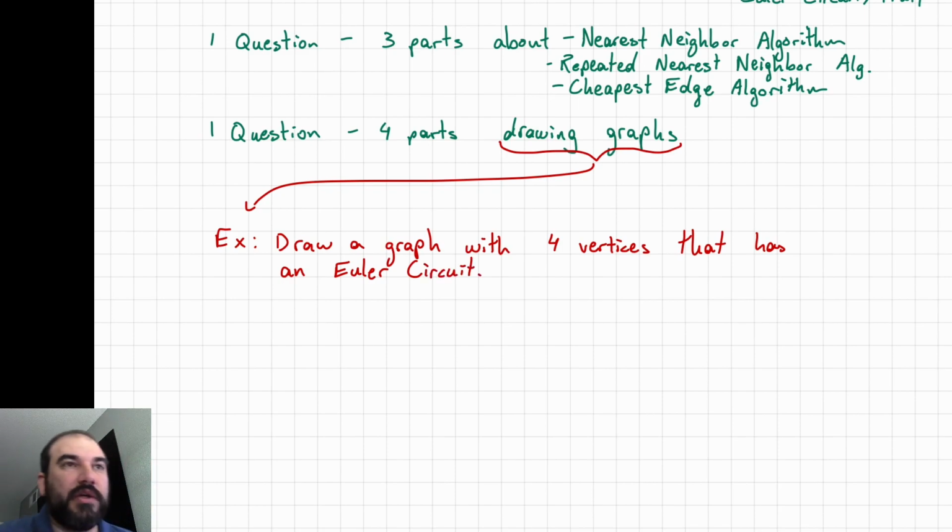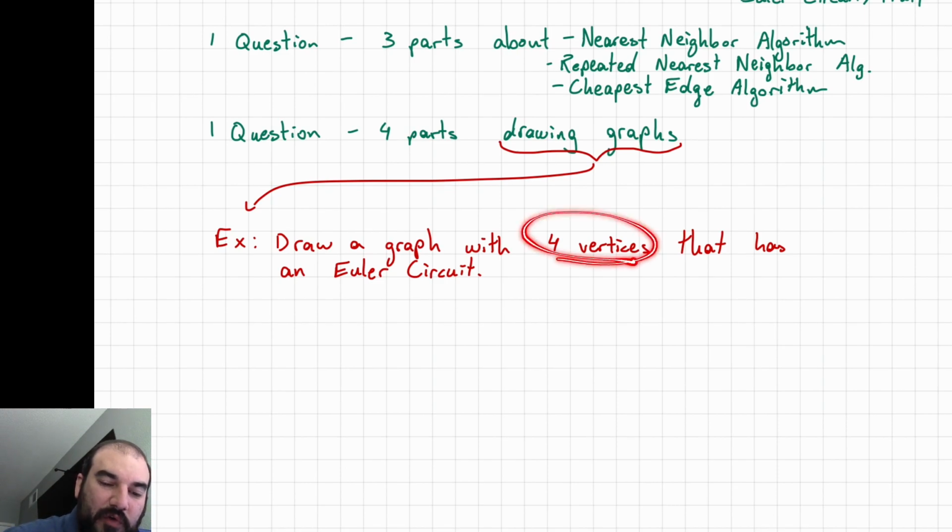So kind of an open-ended question. All you need to do is satisfy these characteristics. It has to have 4 vertices, and it has to have an Euler circuit.